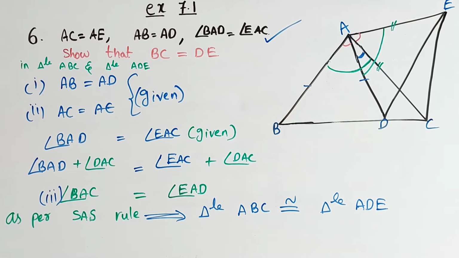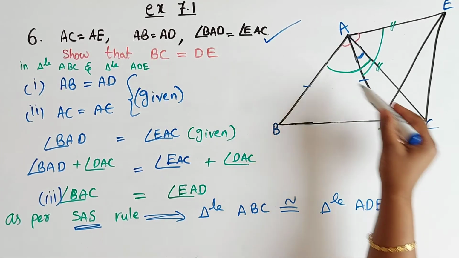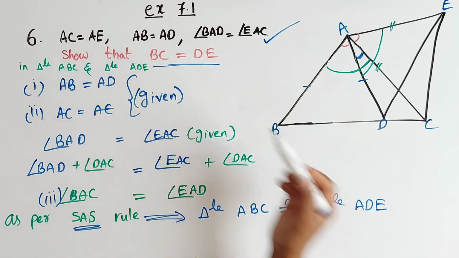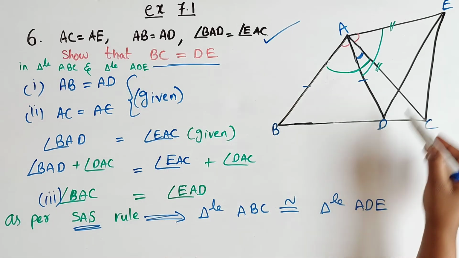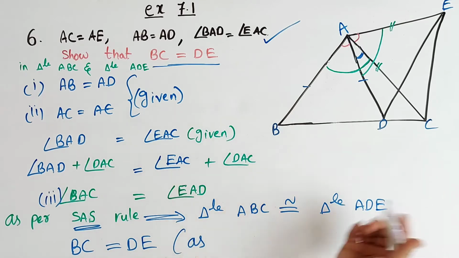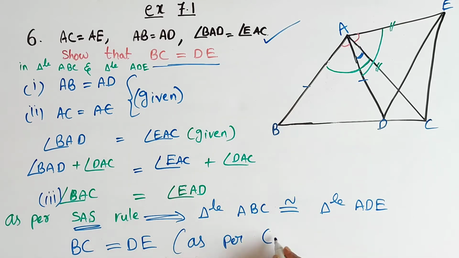So as per the SAS congruence rule, we can say that BC equal to DE, as per CPCT, because both the triangles are congruent. We can make any other parts equal as per CPCT, children, corresponding parts of congruent triangles.